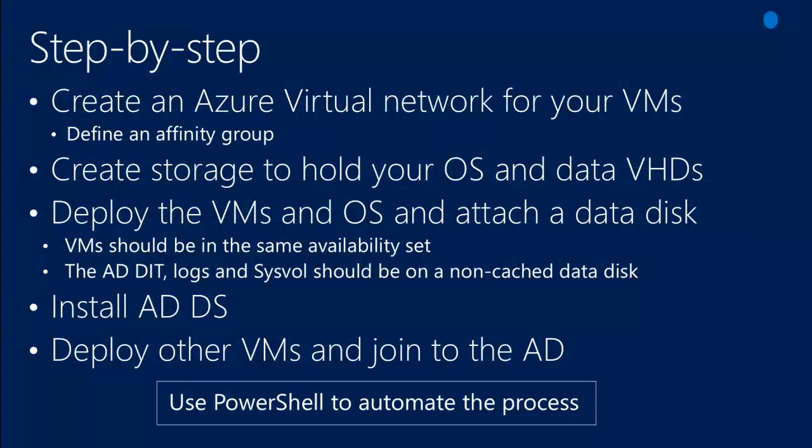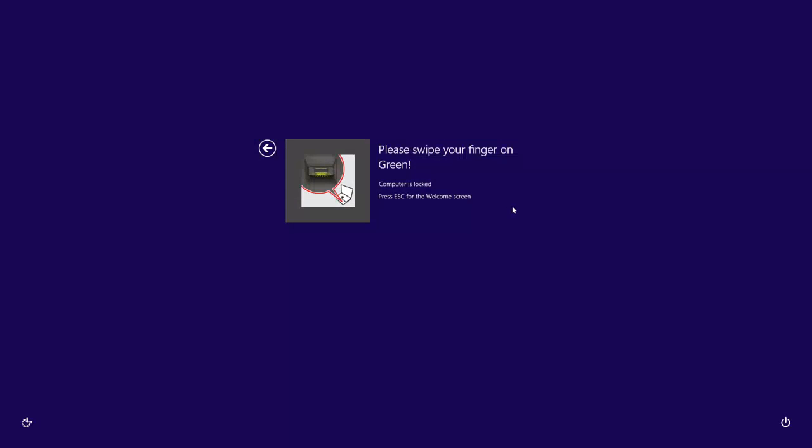All right? So the next thing is we created storage to hold the OS and the data VHDs. I'm not going to go into the great details of storage, but let's have a quick look at storage on here.